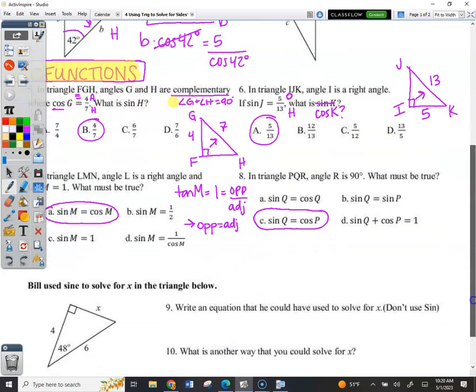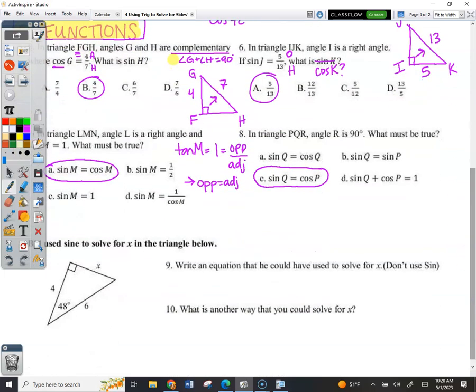All right, now right here underneath it, here's what I want you to put, because this is the takeaway. For example, sine of 20 degrees. I don't even have to draw the picture. Sine of 20 would be the exact same ugly decimal as the cosine of 70, because 20 plus 70 equals 90.